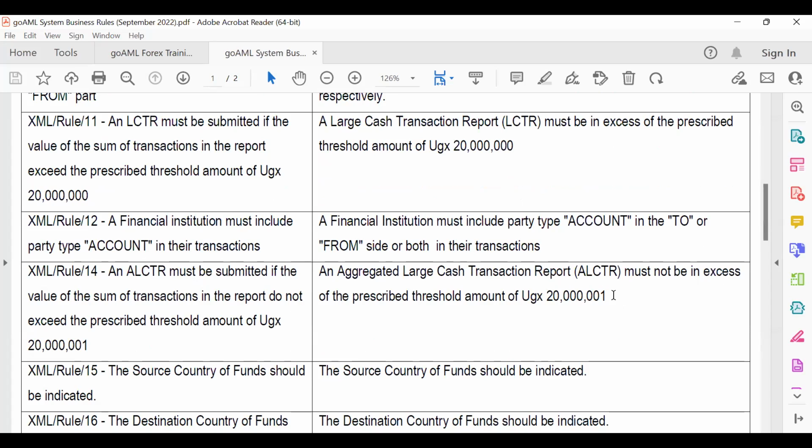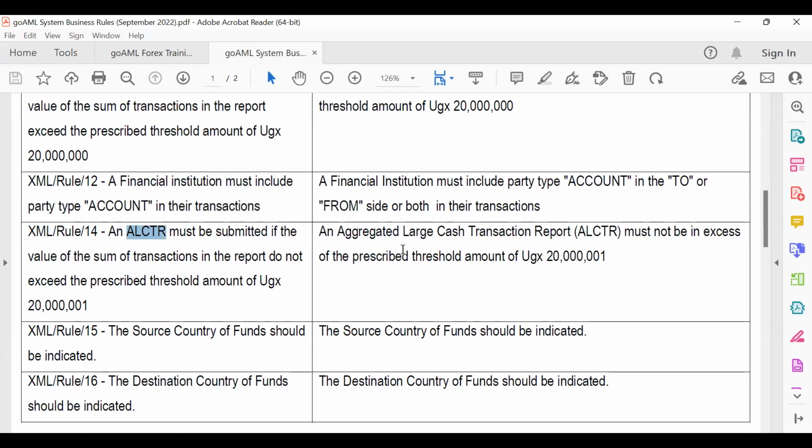So that is 25. You're reporting it as an aggregated transaction, but each individual transaction should not be more than 20 million. If it's more than 20 million, then it's a large cash. So everything less than 20, but for one individual in a day, if aggregated it is more than 20, that is reported under aggregated large cash.